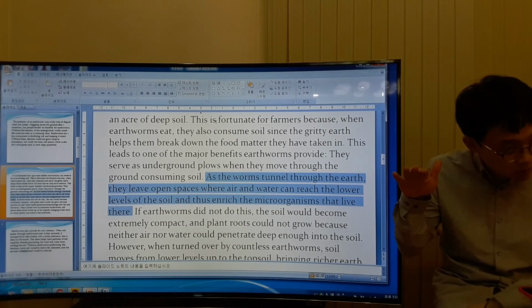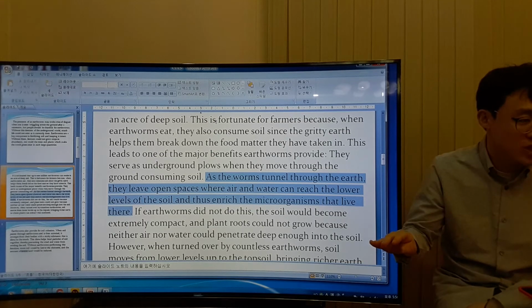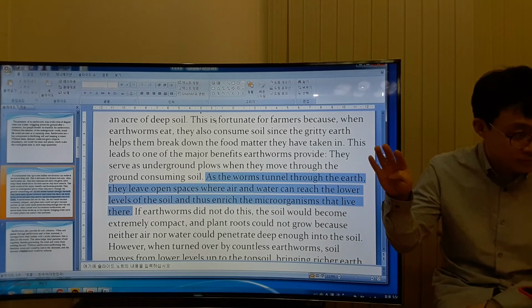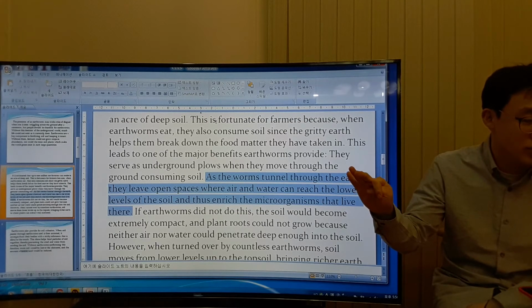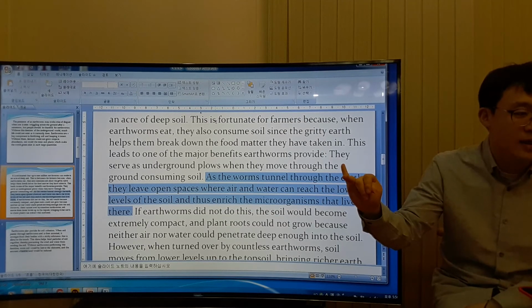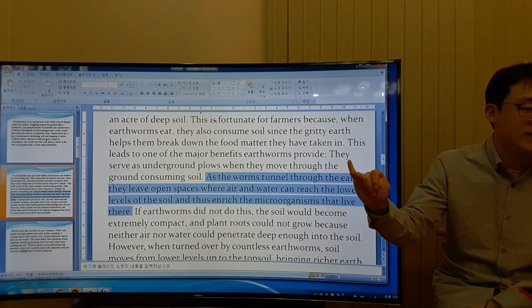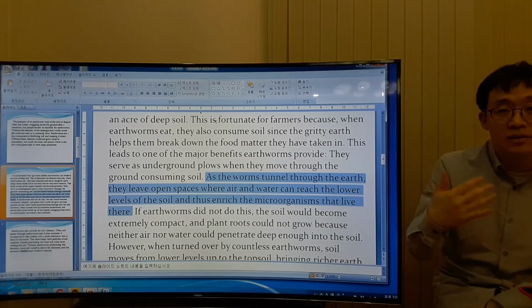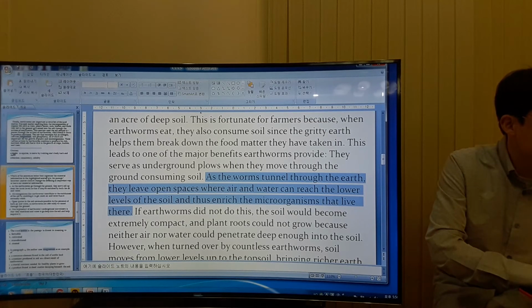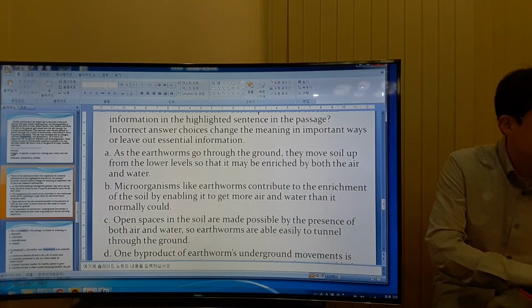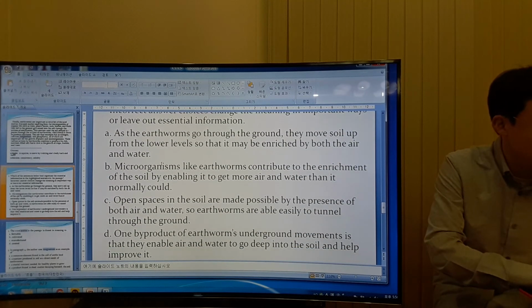When the worms go through the earth, they make spaces where air and water can go down to the lower part, and this provides the microorganisms with nutrients. Okay, let's look for a sentence with all these pieces of information.